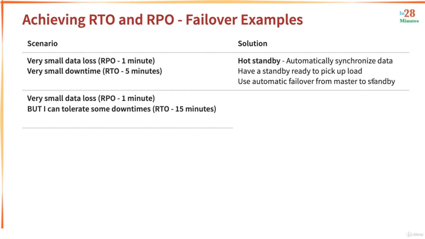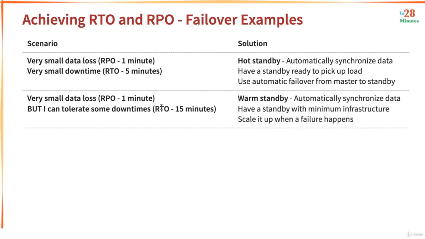Let's look at this specific scenario. I would want very small data loss, RPO of 1 minute, but I can tolerate some downtime. So I can say my recovery time objective is 15 minutes. In that kind of scenario, I can go for a warm standby. So automatically synchronize the data, but have a standby with minimum infrastructure.